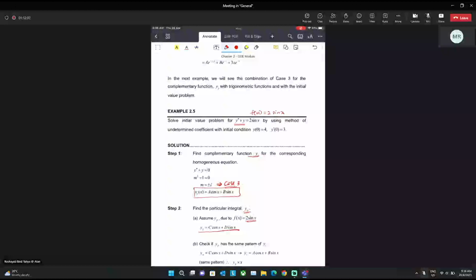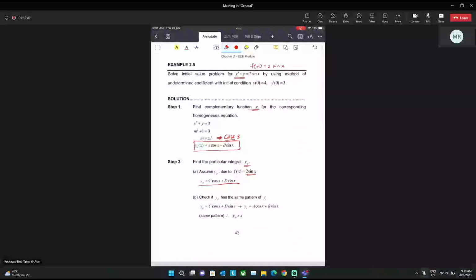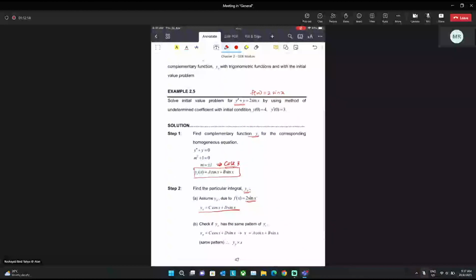Okay, hopefully you very clear on this. And then step B, if YP has same pattern with YC, so compare. This is YP and YC. Okay. Do these have same pattern? Same, right?